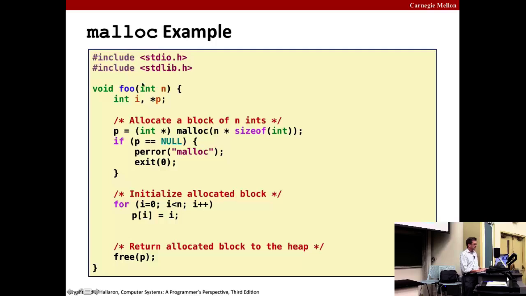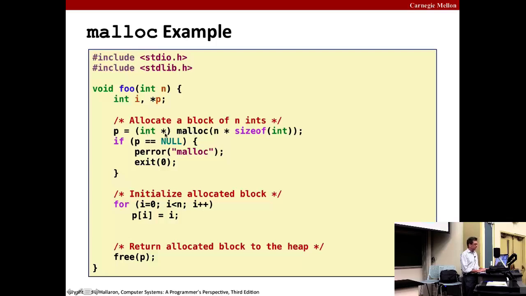So here's an example of how we would use malloc in a simple program. We have a pointer to an int, p, and we call malloc, and we want to allocate an array of n ints. So this is the standard way you call it. We want n ints, and so we call it with n times the size of int, because remember the argument is in bytes. Malloc returns a generic pointer, a void star pointer.